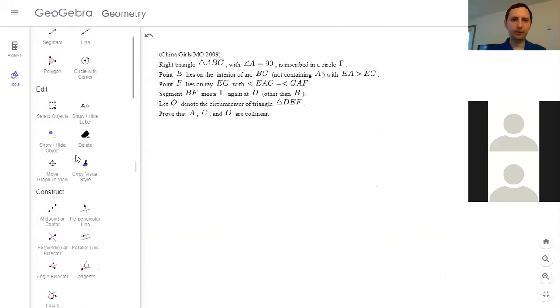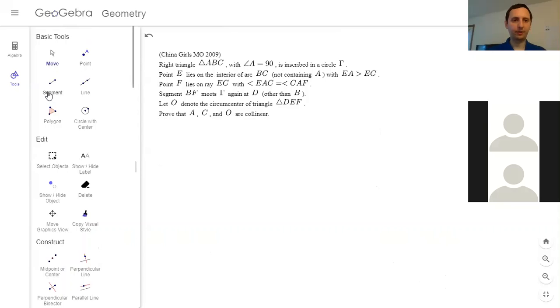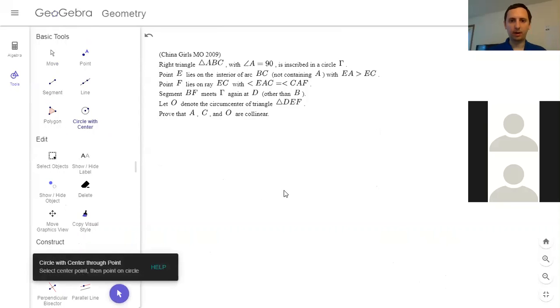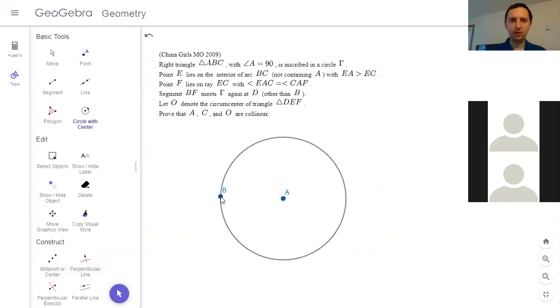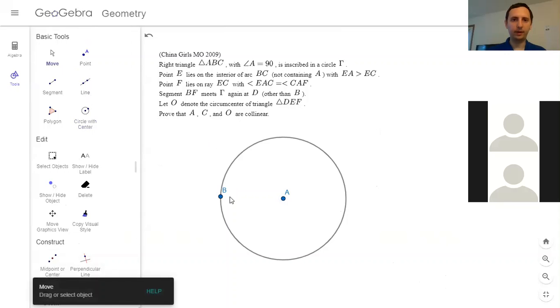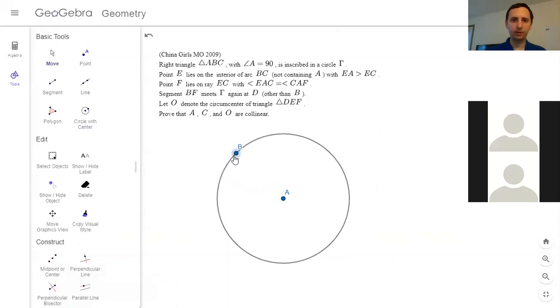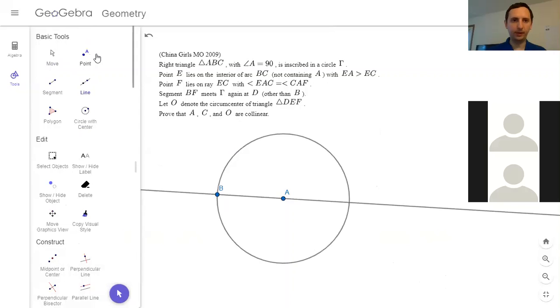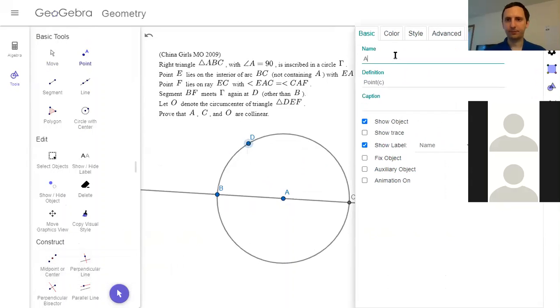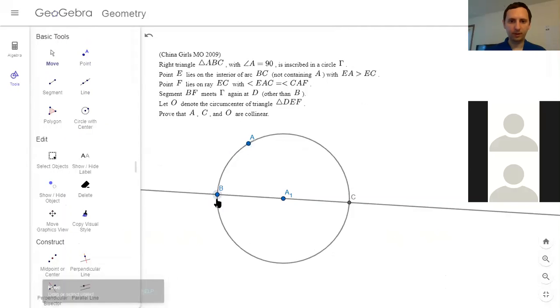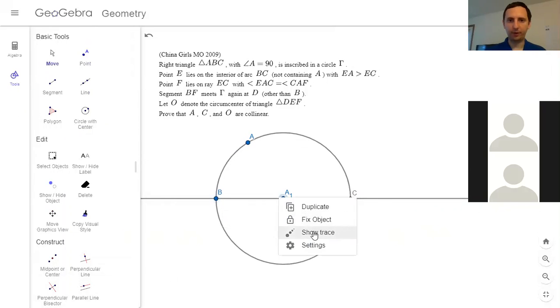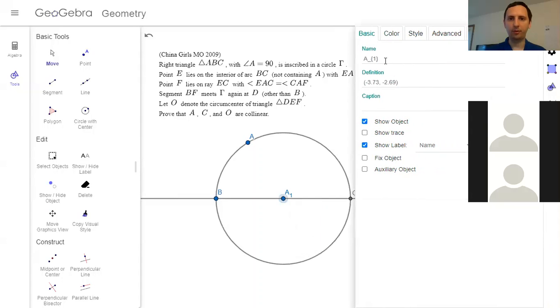All right, so we have a right triangle inscribed in a circle. So angle A, we want angle A to be 90. So B, let's do it like this. So that's B, this is C. This point we're going to rename it to be A. And the center of the circle, we could call it O for now, I guess. Oh no, because O is used later.